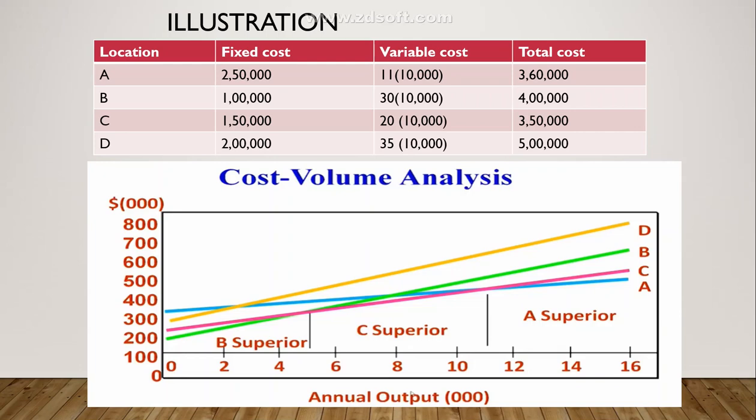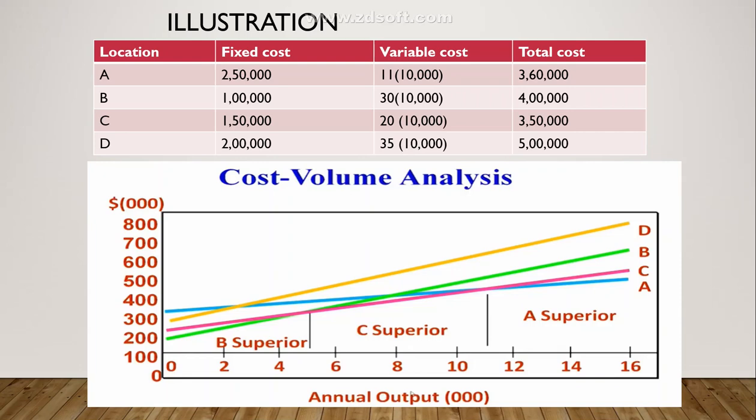We have to do an analysis of each location in terms of the costs and volume being produced. So we have data on the basis of the survey. With respect to location A, the fixed cost is 2,50,000 and the variable cost is 11 rupees per unit.